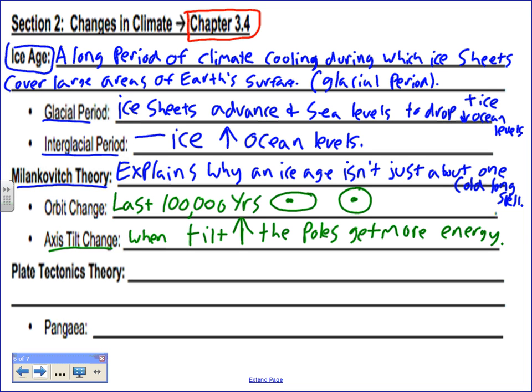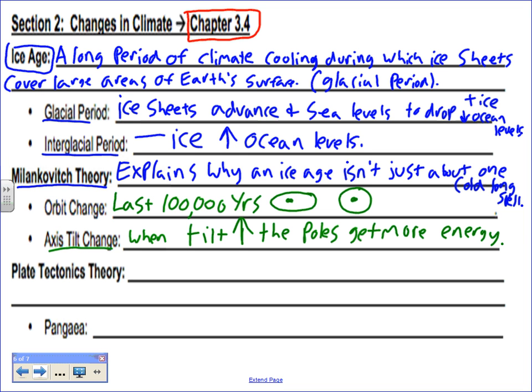All right? So another thing that we want to look at is plate tectonics. This theory says the movements of the tectonic plates of the outer crust of our planet can cause continents to move.